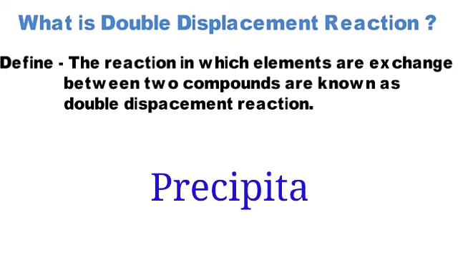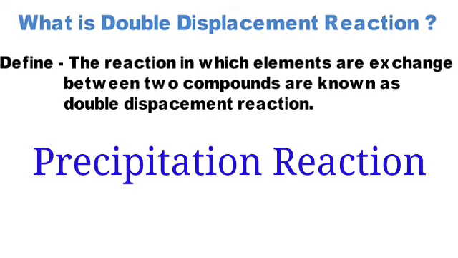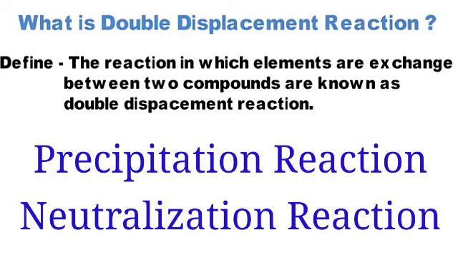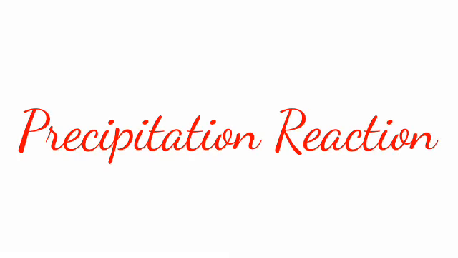When a double displacement reaction takes place, one of the products must be a precipitate or water. Based on this, double displacement reactions are classified into precipitation reactions and neutralization reactions. Next, precipitation reaction.